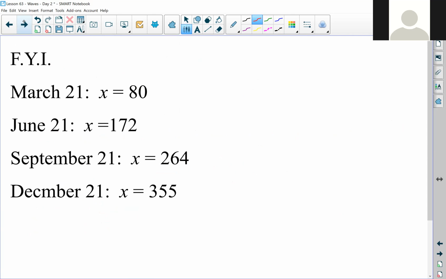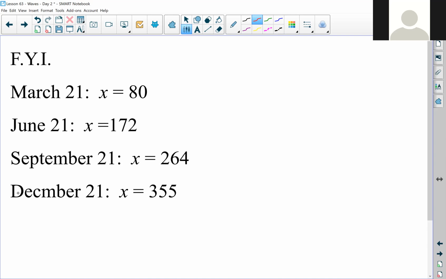So that's the spring equinox. Summer solstice is where x equals 172. The autumn equinox is x equals 264, and the winter solstice is x equals 355.